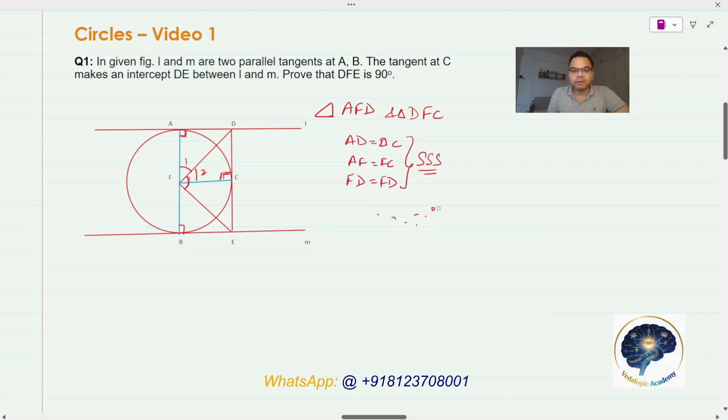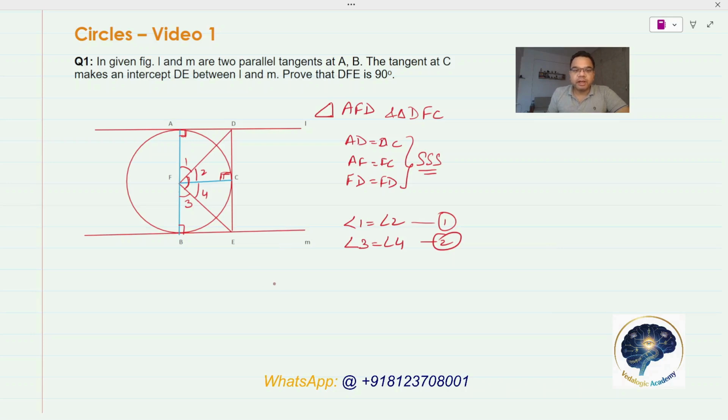So from here we are going to get angle 1 equals to angle 2, right? Similarly, if we see here angle 3 and angle 4 in these two triangles also, you can prove the congruency like the same method. So I'm not going to do it. You can do it on your own. Now, this is one thing, right? The second thing that we have got is angle 3 equals to angle 4. This is again the same way. We have found these triangles are congruent, therefore angle 3 and angle 4 are equal.